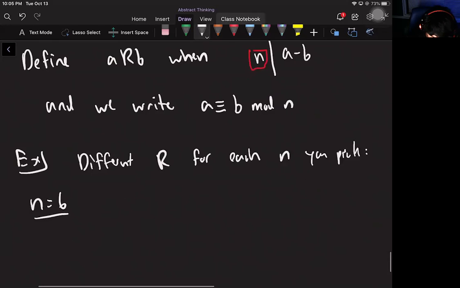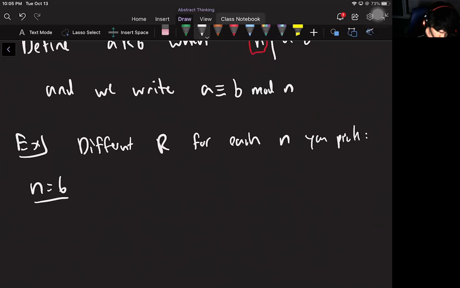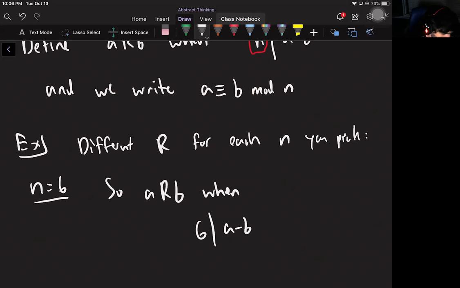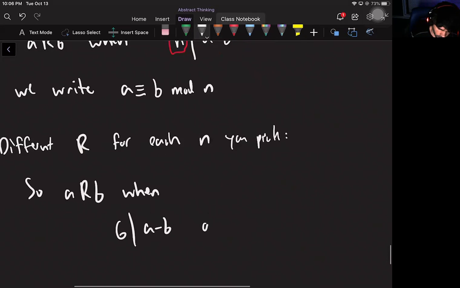And if I use a different number, I'll get a different relation. Okay, so if I use 6, I'm saying that A is related to B when 6 divides their difference. And then you write, when this happens, that A is congruent to B mod 6.